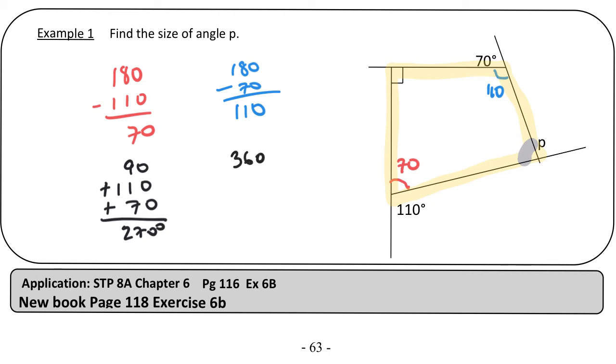So then 360 minus 270 is 90. So the angle inside the polygon is 90 degrees. And then because they fall in a straight line, if we do 180 minus 90, that'll get us P. So that means that P is equal to 90 degrees.